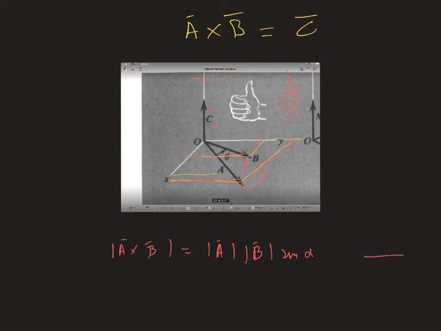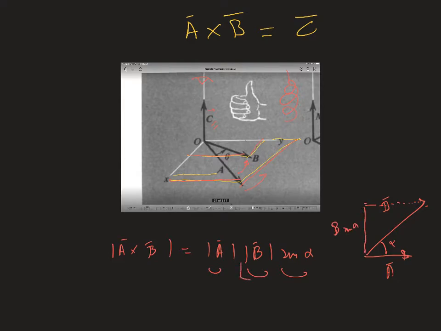So if this is A and this is B, this is alpha, the angle between the two vectors. What is B sine of alpha? This is B sine of alpha.